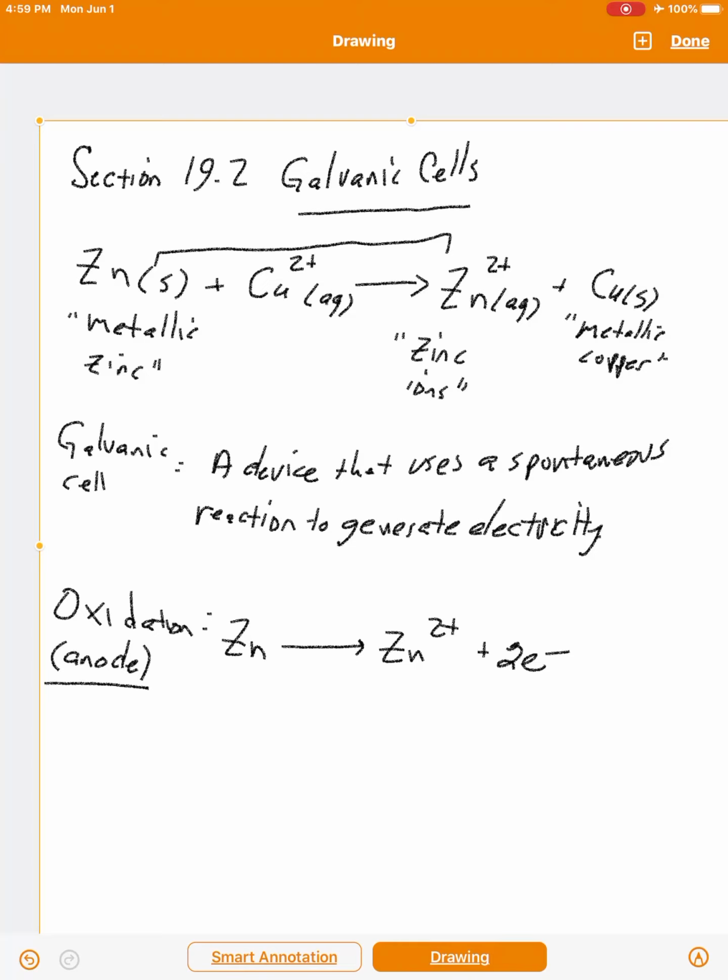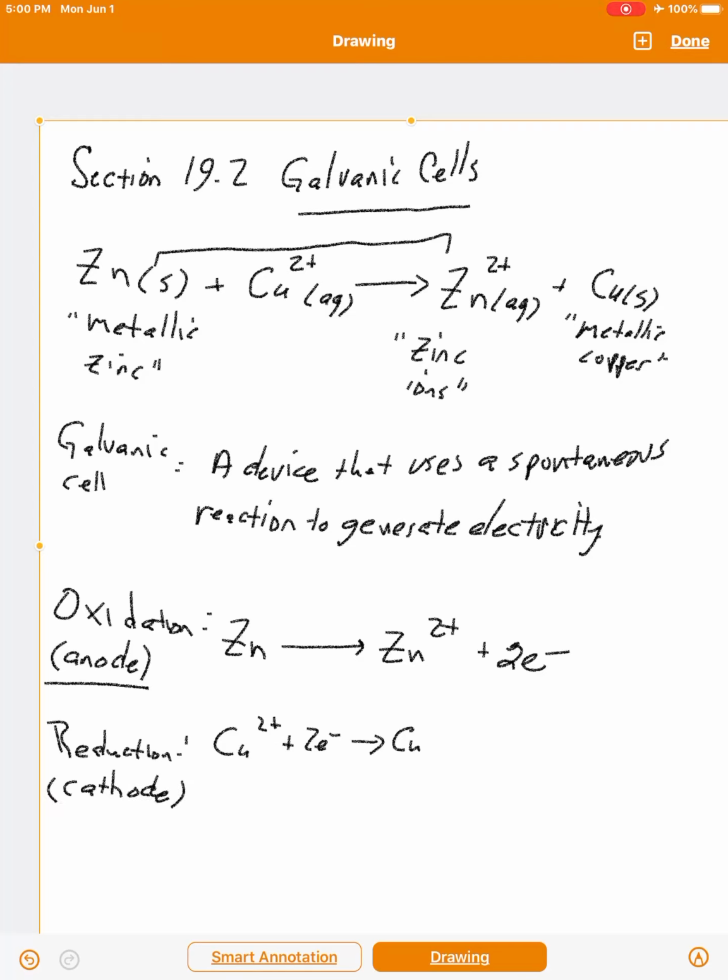Now, the reduction half reaction is the other metal. That'd be the copper, right? So copper 2 ions get reduced into copper metal. Okay, that's reduction. That occurs at what's called the cathode.